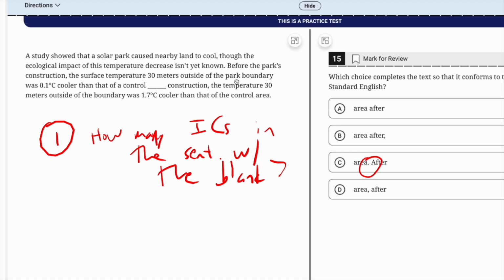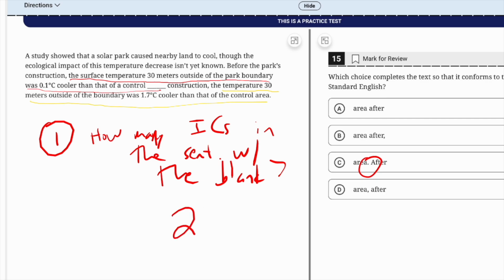So the sentence with the blank is going to start with the word before. Before the park's construction, the surface temperature outside the park was cooler than that of a control area, and then after construction, the temperature was this much cooler. So that means we have two independent clauses.